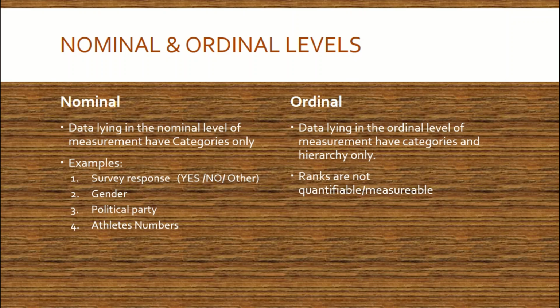Let us look at the examples in the ordinal level of measurement. Data in the ordinal level of measurement includes course grades such as A, B, C, D, or F. Second example is the hierarchy or ranking in the military, that is sergeant, corporal, lieutenant, and so on, and any other form of ranking that you might think of.